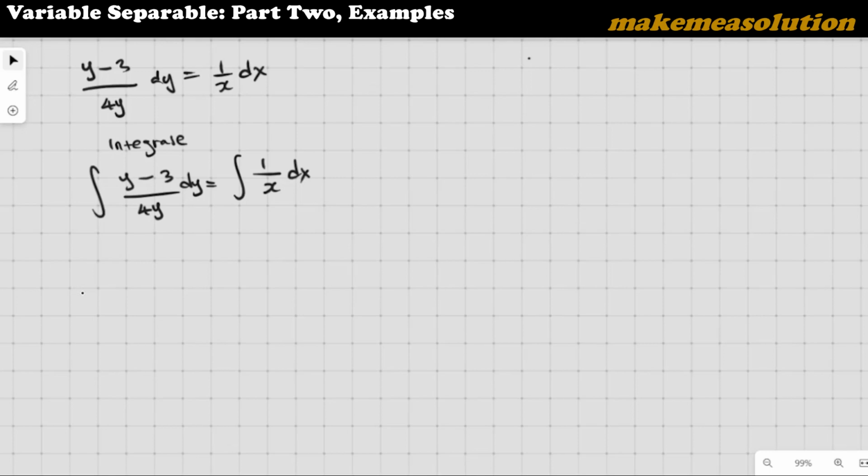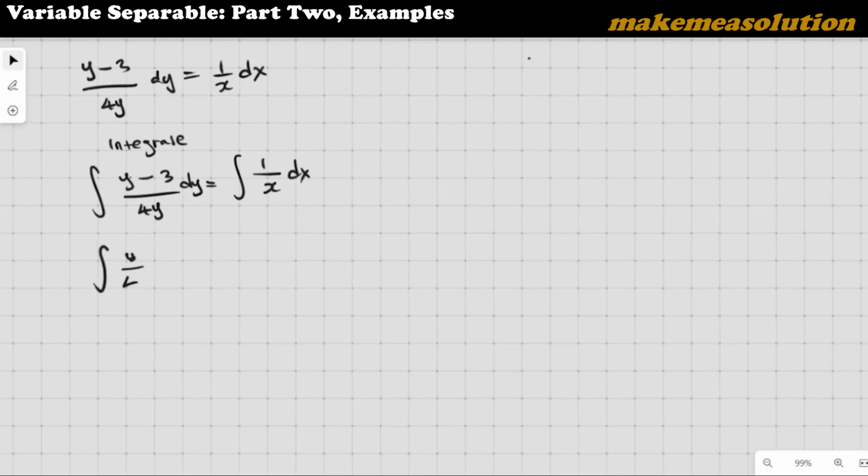Now, looking at this particular place, this is how I'm going to approach it. I'm going to distribute the 4y to both y and 3, in this way.